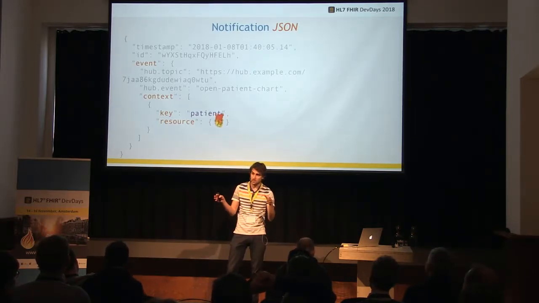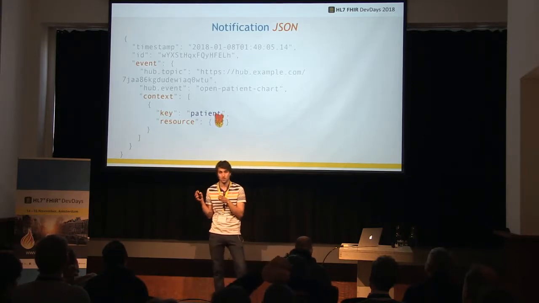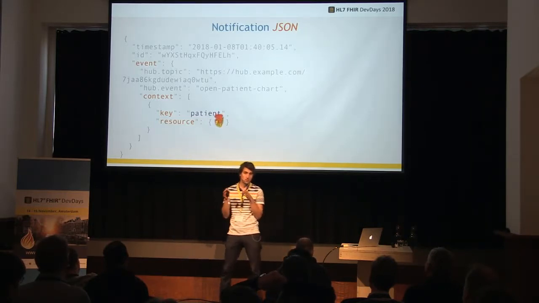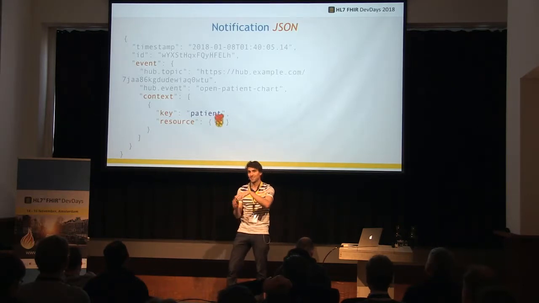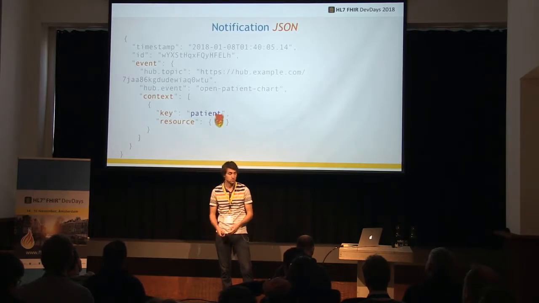We have a key specifying which, and this is specified in the FHIRCast specification. The key here is patient. There are other keys, for example, study. So this is saying here is a patient, and it will expand to a FHIR resource, basically the patient resource.